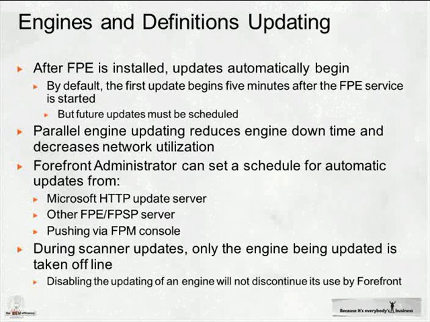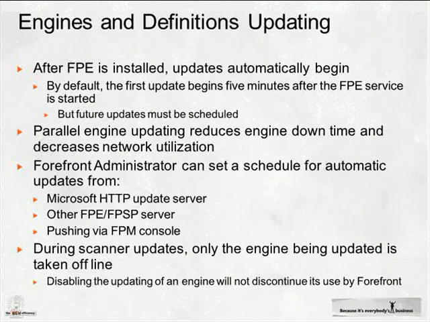When the FPE downloads an update, it takes the engine offline, provided it has been enabled for a currently running scan job, automatically installs the update, and then puts the engine back online. The other engines continue to scan for malware. But note that an engine update refers to updating a new version of the scan engine, which replaces the older version, whereas a definition update refers to new definitions being added to an existing scan engine.